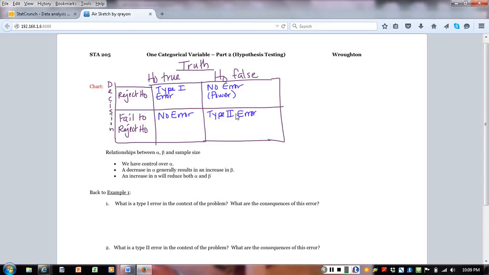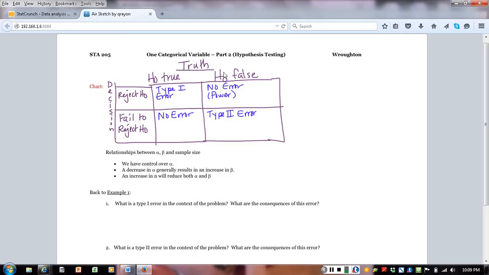Those are the 4 things that could happen. Now, in reality, you're either going to be in one column or the other. Think about it from this perspective: when you're trying someone for a crime, either they're innocent or they're guilty. They can't be in both columns at the same time, right? So generally only one of these columns is actually going to be true.